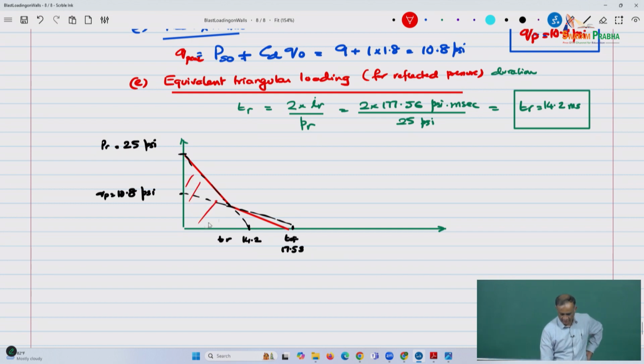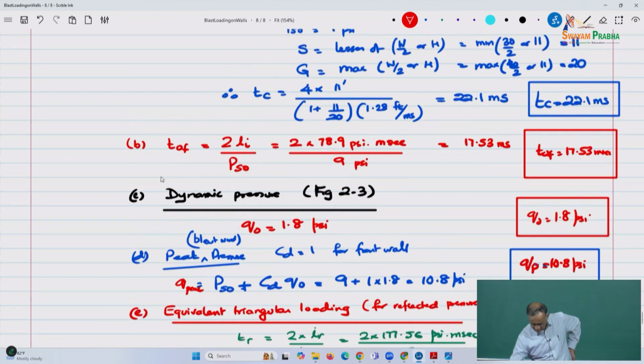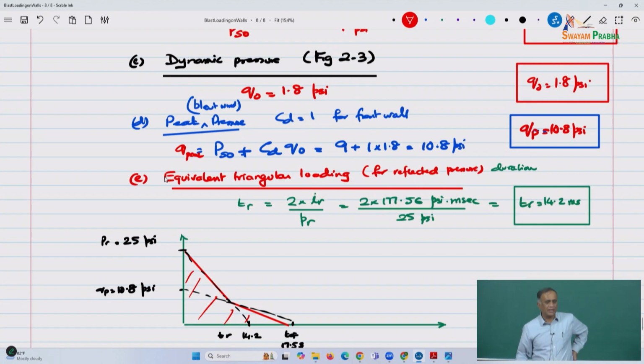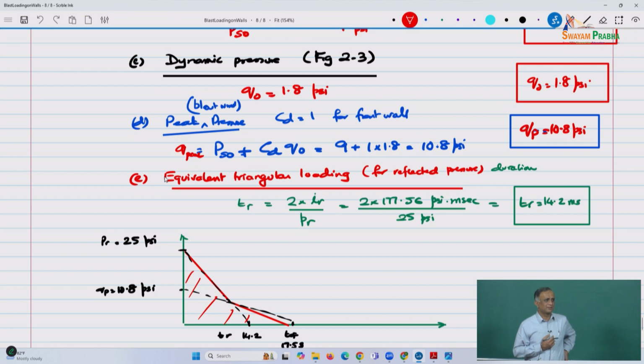Your impulse is going to be, and TC we calculated how much? So TC is, now you might find this situation, right? What's the problem with TC in this calculation? It's more than TOF.